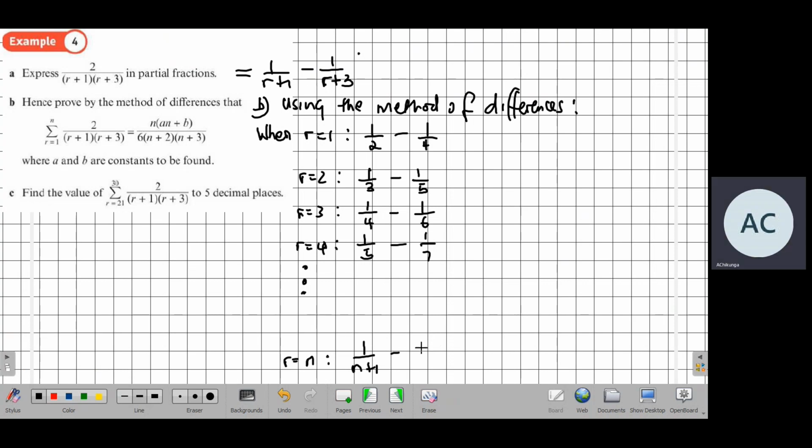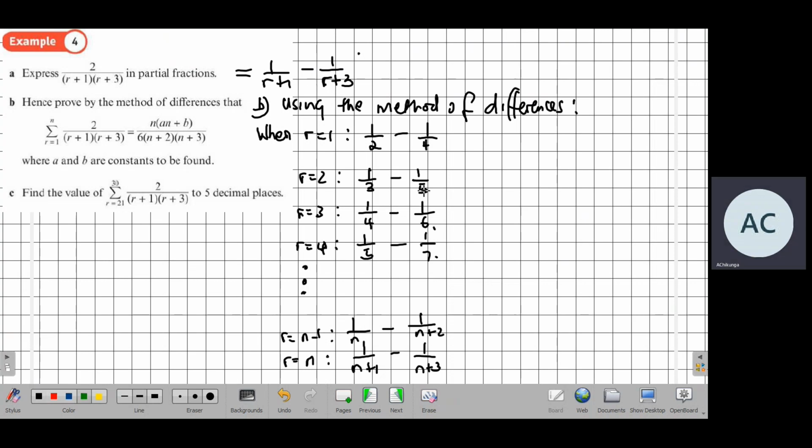And this is going to be 1 over n plus 3, because from 4 to 7 we're adding 3. And the term before, r equal to n minus 1, will give us 1 over n. Then this one is going to be 1 over n plus 2.